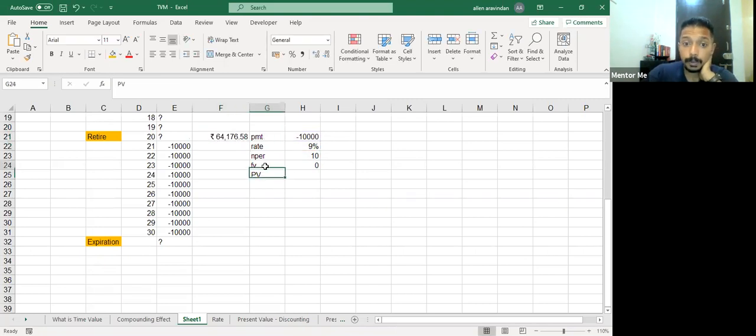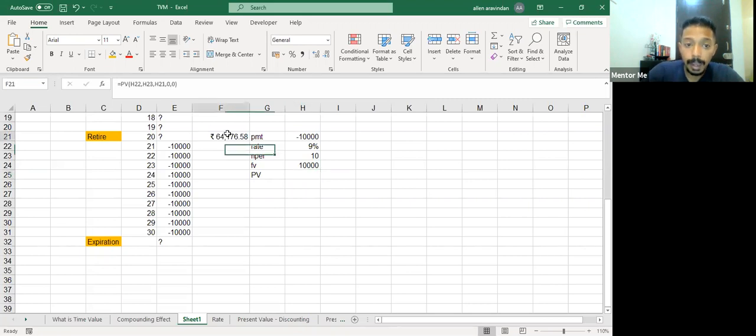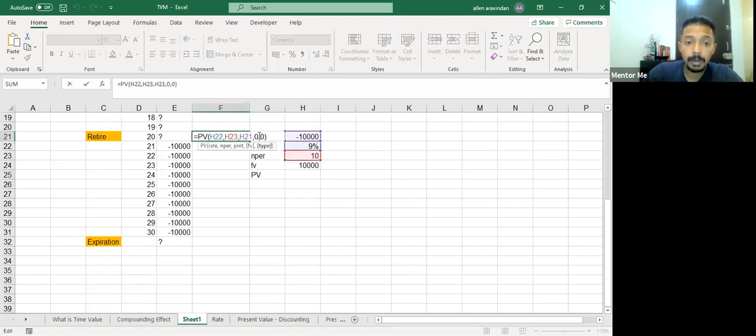Why is future value zero? Very important. This can confuse you. Because here, if somebody had told us that there has to be some value kept at the end, then I would have taken the future value. So if the question said that this guy wanted to keep, let's say, about 10,000 left at the end, then I would have to put in the future value as 10,000.